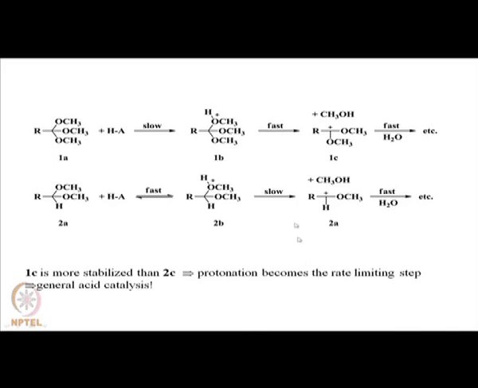If you compare these two, this is 1A, 1B, 1C, 2A, 2B, 2C. You can think that 1C is more stabilized than 2C. So, protonation becomes the rate limiting step. So, this is general acid catalysis.